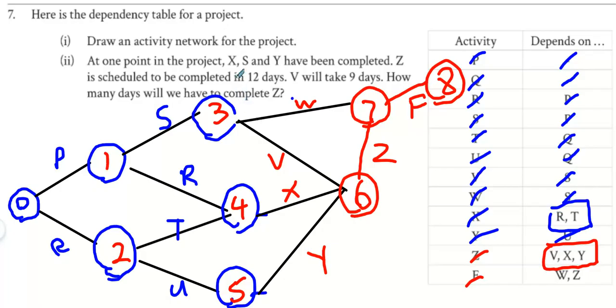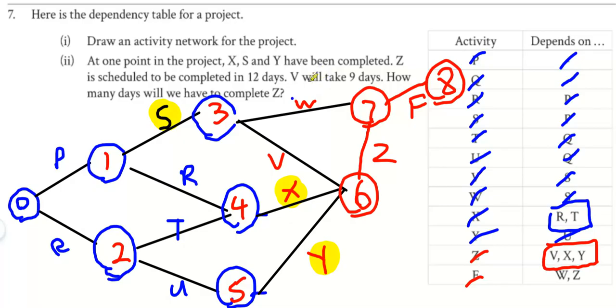Now, at one point in the project, X, S, and Y have been completed. So what are we completing here? So we've completed S, what other ones? X and Y. Okay. Keep it quiet, guys.